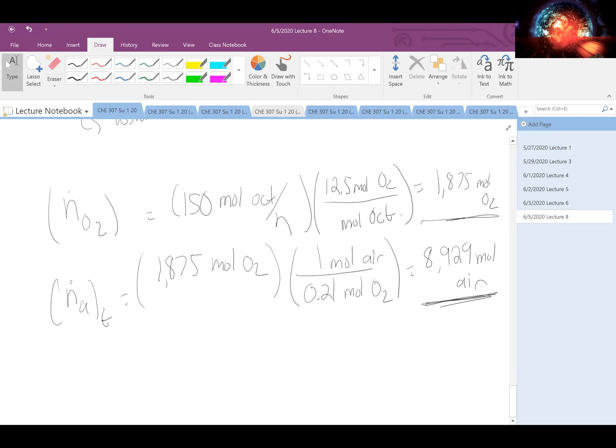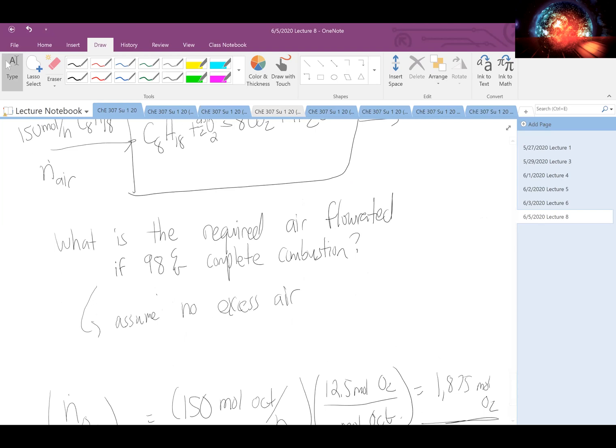I was just double checking the wording on that problem. So it's interesting, right? That would be the bare minimum to get this process going, just looking at that theoretical requirement. But even then, the molar composition of that fuel in the system, right?